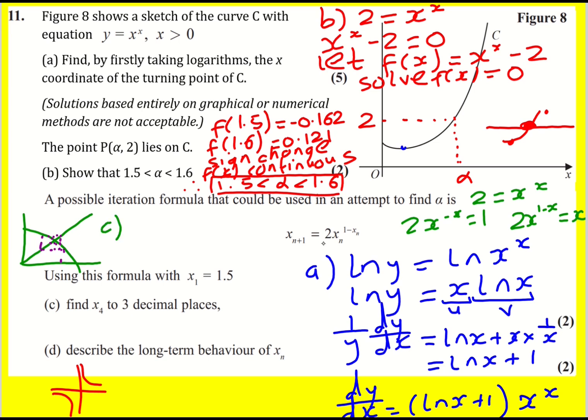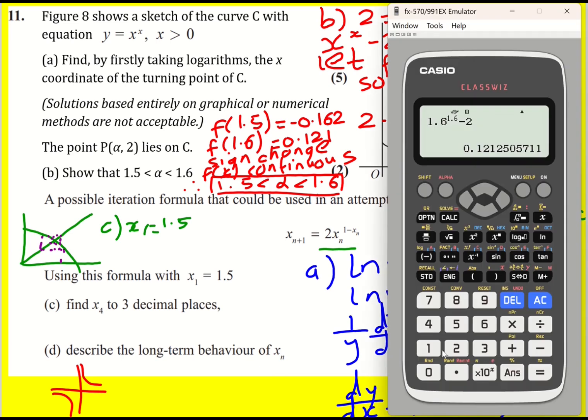We actually just need to substitute x, the first value is 1.5, put it into here and just keep getting values out. So 1.5 equals gets it into the answer button, and I've got 2 answer to the power of 1 minus answer.